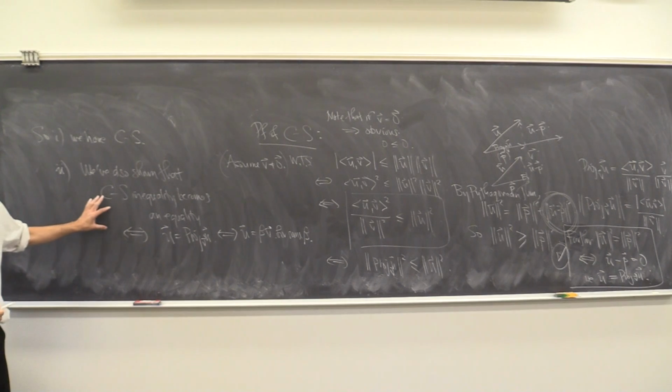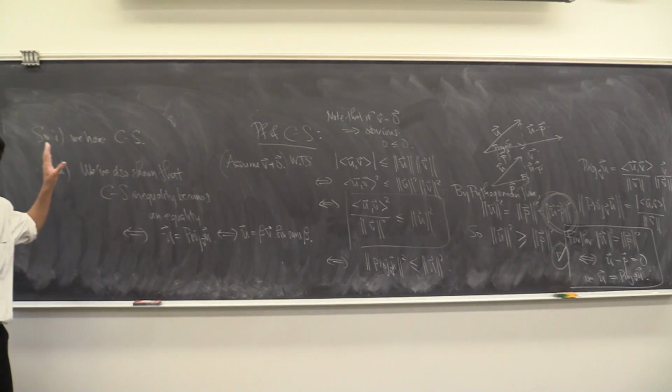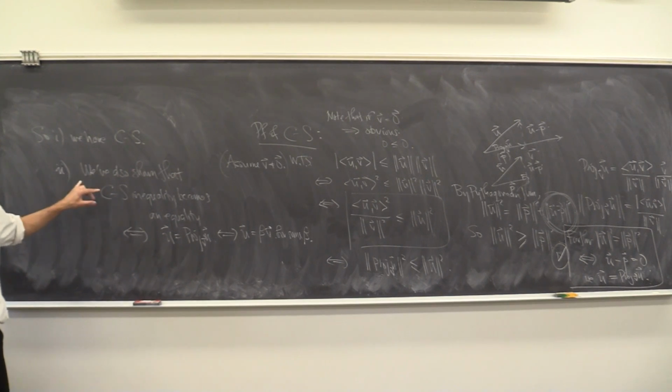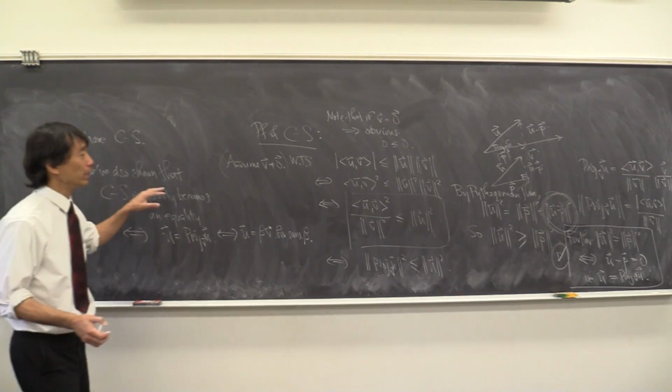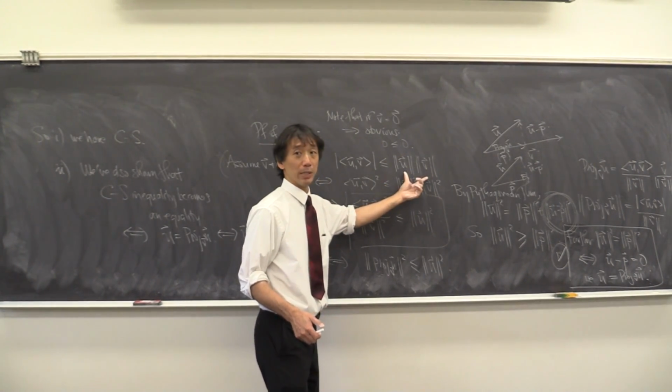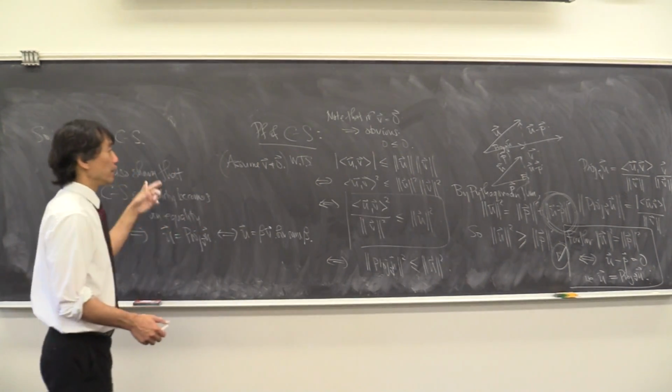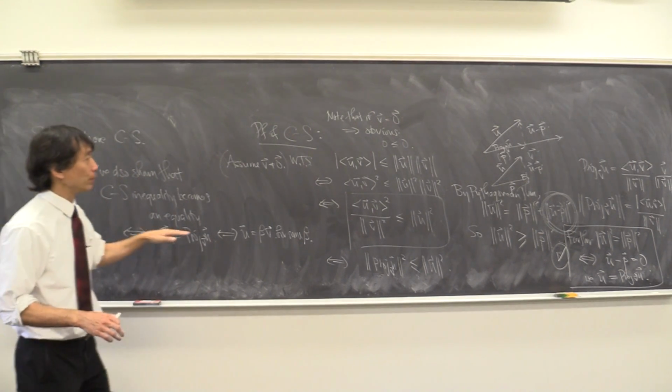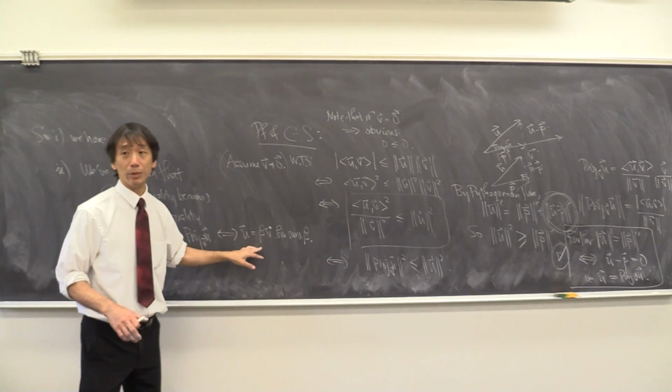I always forget the second part. I think the second part of the theorem is often forgotten. I forgot it just now. But Cauchy-Schwartz has 2 parts actually. It says 1, that the size of the inner product is controlled by the product of the sizes. 2, that those are equal to each other if and only if one of them is a multiple of the other.